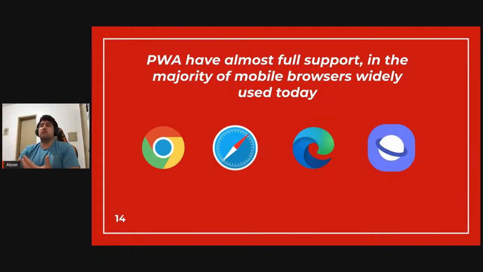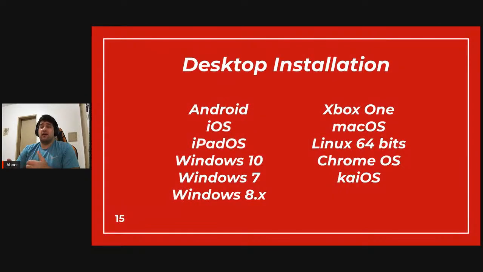But the way things are done on this, and some installations, the installation process and other stuff, may be different from one browser to another. And one of the biggest things that a lot of developers don't know and don't take care of is the desktop installation.